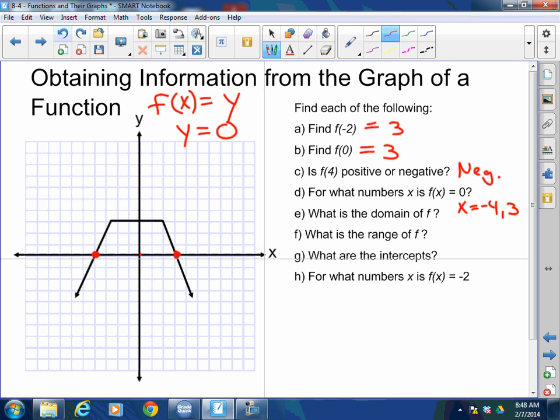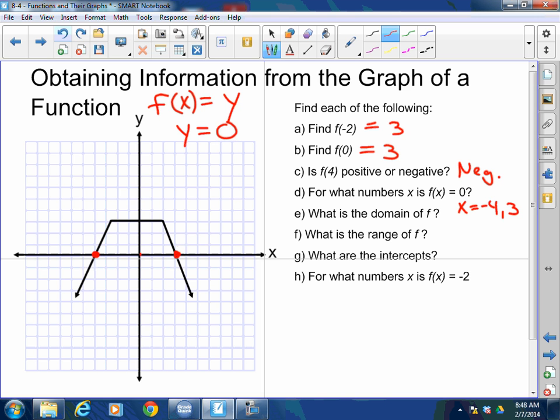When they tell you stuff like, find the x when f of x is blank, they're giving you the y value. They want you to find the x value that's attached to that y value. Guys, I need this to be really, really good for you, because sometimes people think they got this and it goes over their head and then they do miserably. You guys are with me so far?